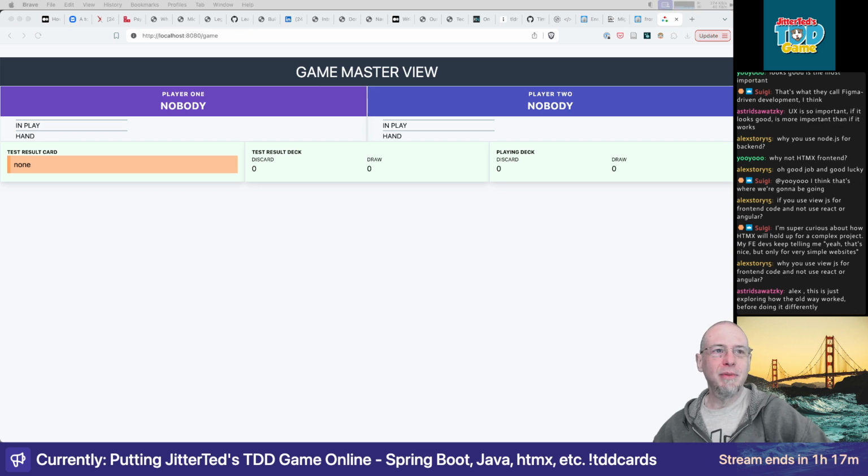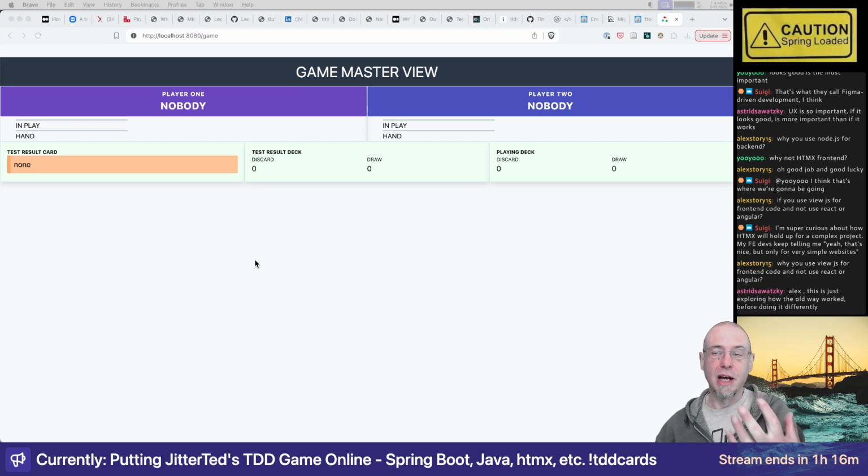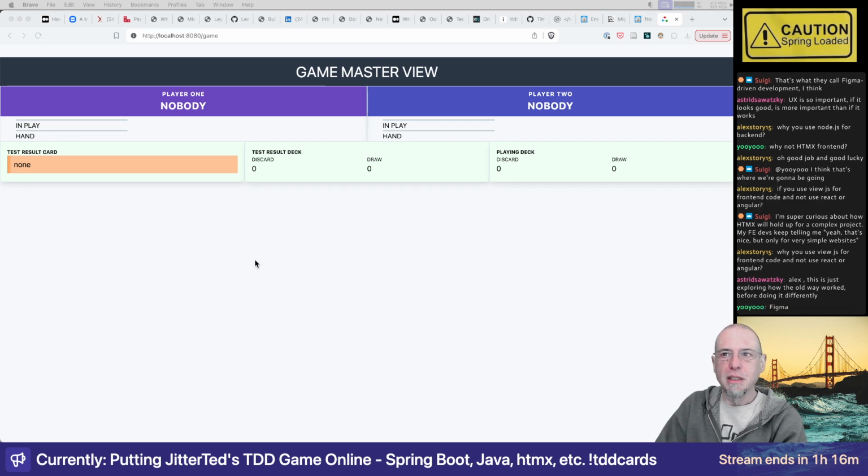I want somebody to give me an example of a non-simple website where you're using React, Angular, or Vue, and what you're getting for that, unless you have a lot of complex state on the front end. Because the one thing that you do get out of the box with some of these is lots of components.